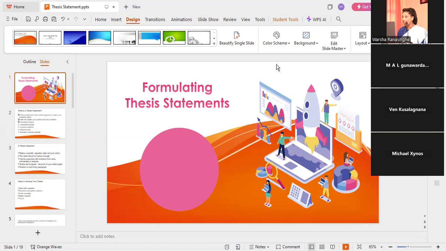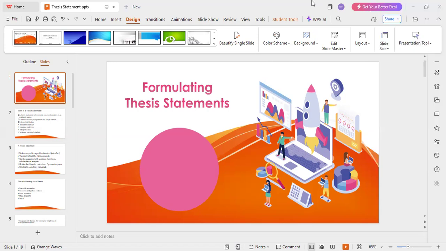When it comes to academic writing, one of the major components would be formulating thesis statements, because when you engage in research writing, before you start writing anything, whether it is a paragraph, an essay, a research paper, or an abstract.